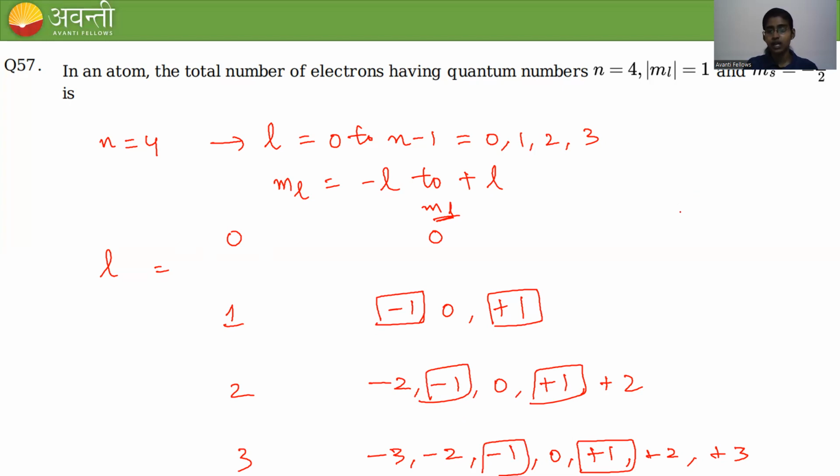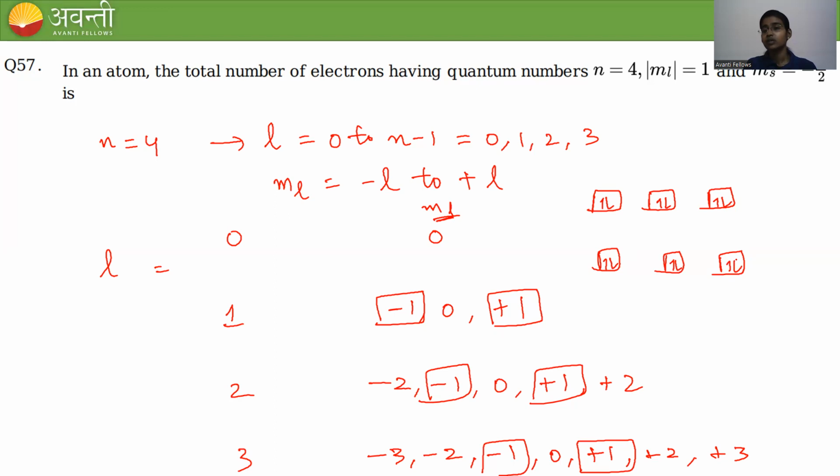So totally we are having 6 orbitals: 1, 2, 3, 4, 5, 6. Each orbital contains 2 electrons, right?